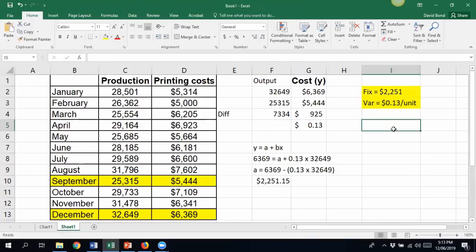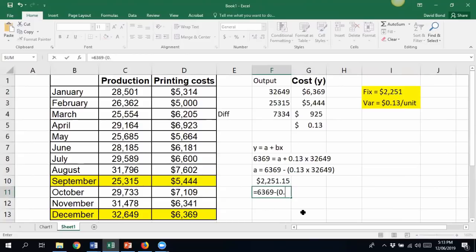If you'd done it slightly differently, and I'll just write it in below, if you'd used 13 cents rounded off, you would have 6369 minus 0.13 times 32649. You end up with something which is about $120 different. Look, that's reasonably material.